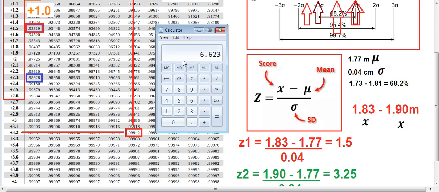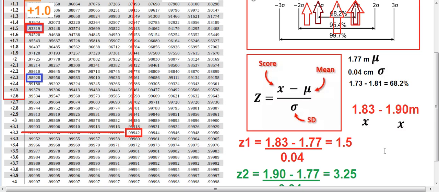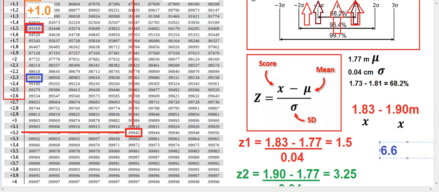Here is my answer. The probability is 6.623%. Alright, using z-scores, the z-score table, and also using the standard normal curve.